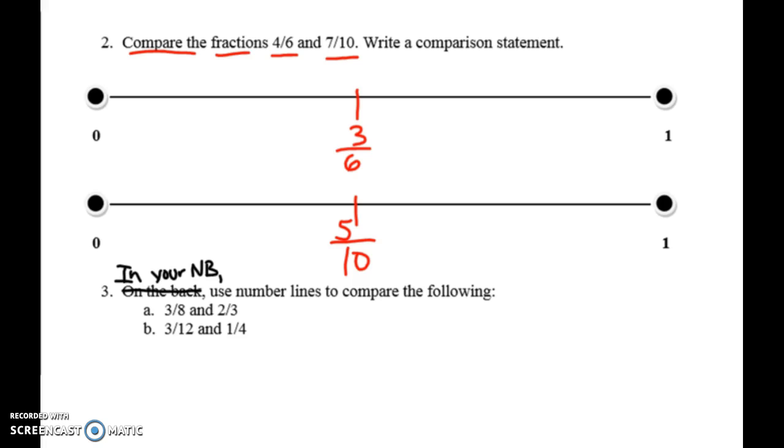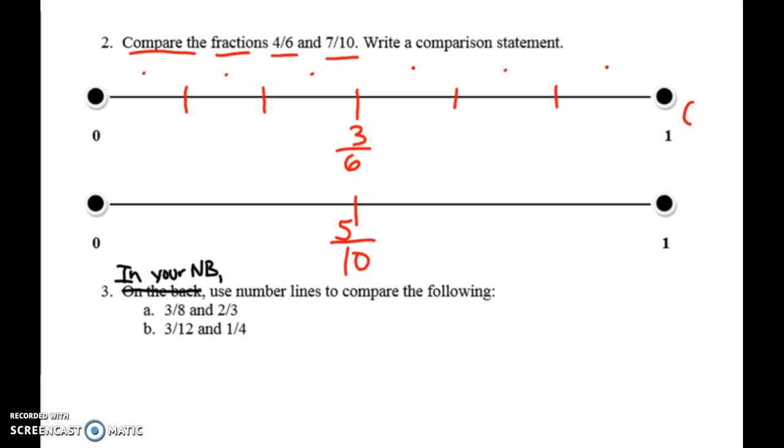Okay, so where do I go from here to compare these fractions? One way you can do this problem is, since you know the top number line is broken into 6, you need to look and appropriately draw how many pieces the fraction is broken into. So it's 6. So 1, 2, 3, 4, 5, 6.